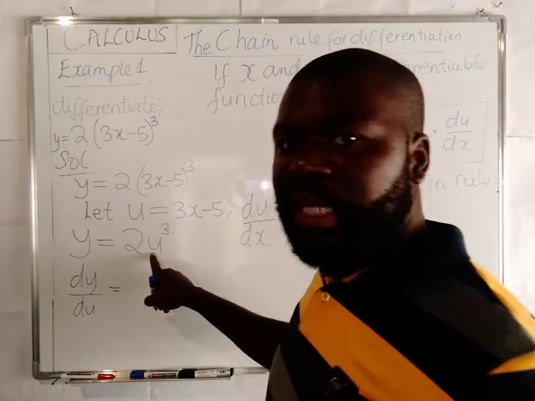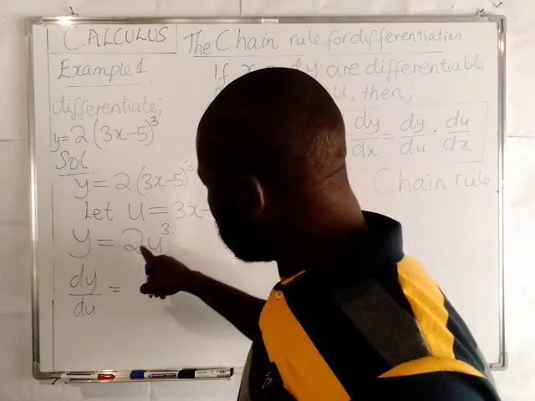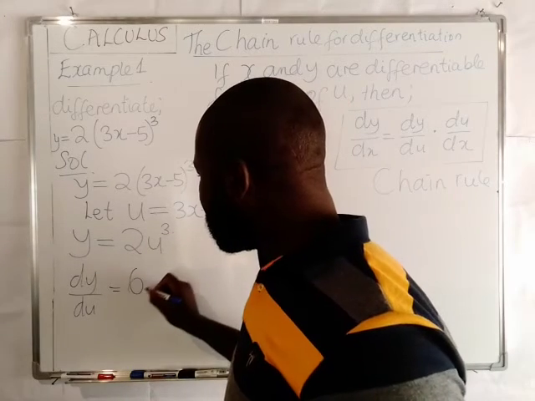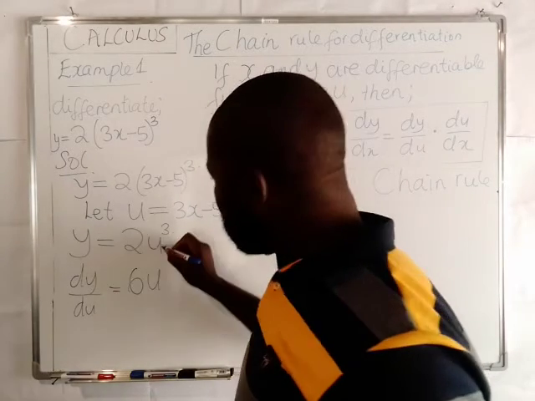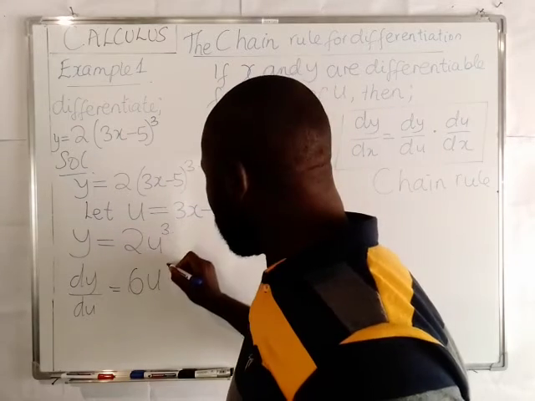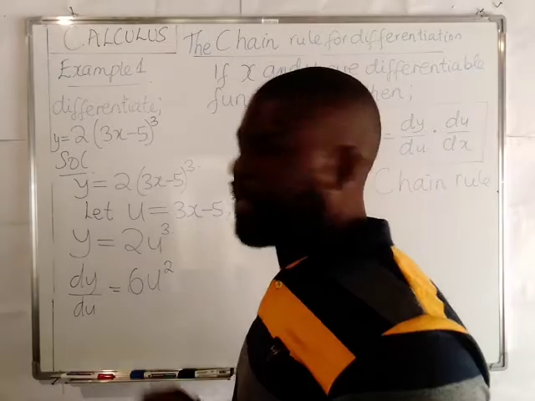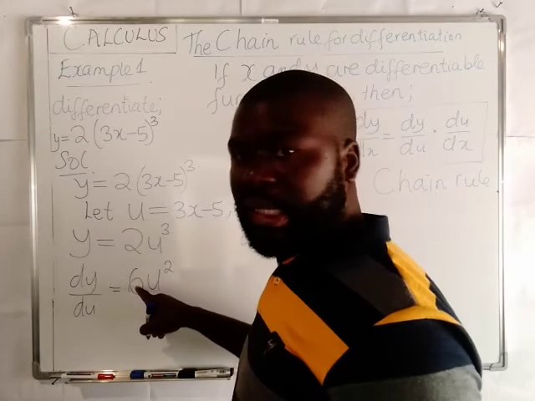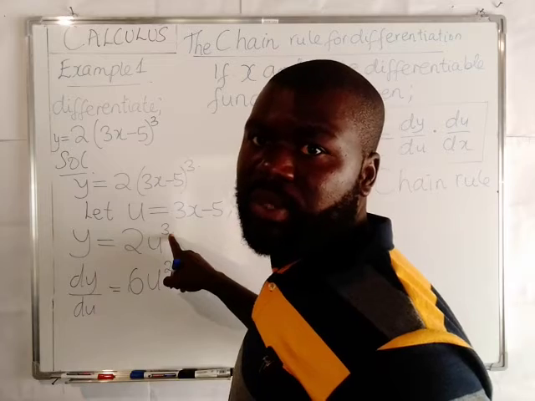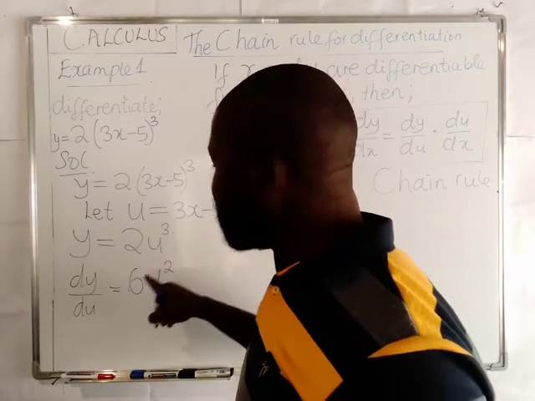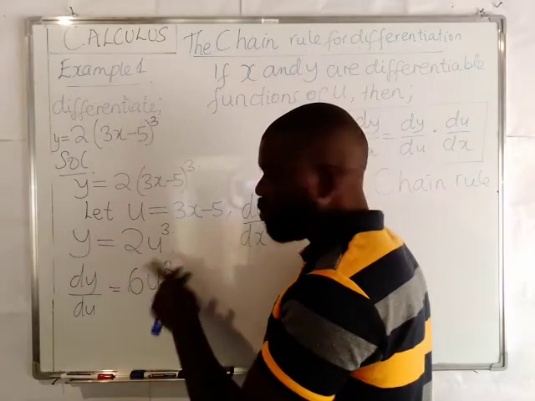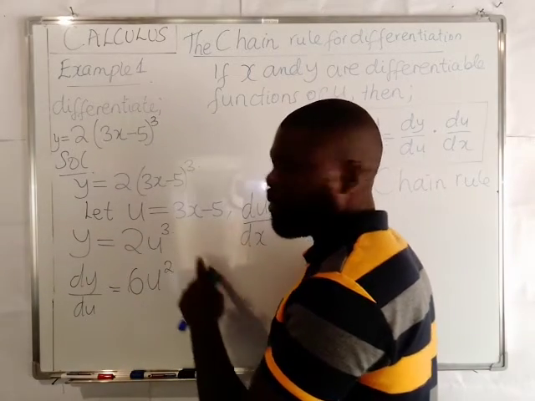When we differentiate this, the power 3 will drop and multiply 2, so we say 3 times 2, we get 6u. Then the power reduces by 1, so 3 minus 1 gives us 2. So we have 6u power 2. So dy/du now becomes 6u squared.